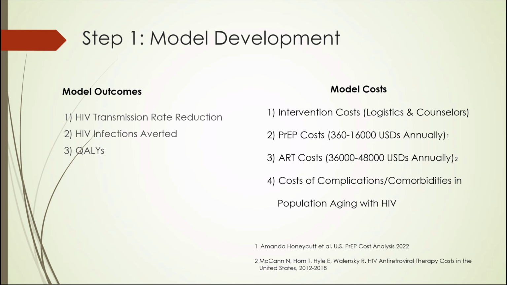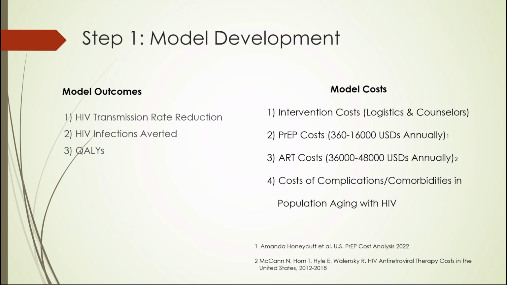From now on, I would like to talk a little bit about the steps of developing a dynamic transmission model. The first step, as you remember from previous slides, is to come up with model outcomes and model costs. For outcomes, we used HIV transmission rate reduction and the consequence of that reduction in the number of HIV infections being averted.